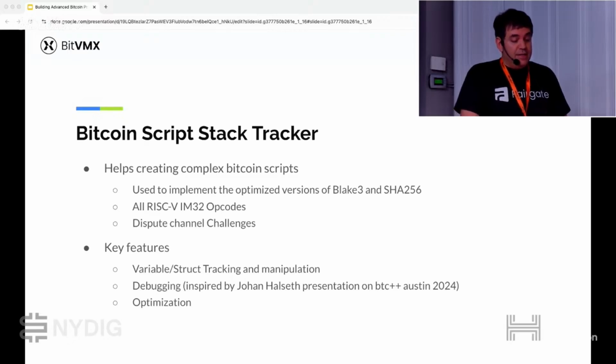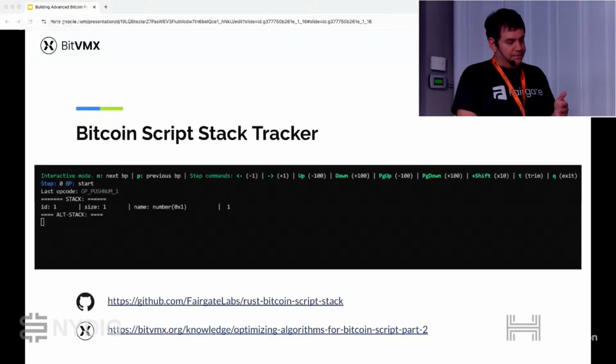And we have an optimizer that solves small cases that need to be optimized from the script, but at the end you end up gaining maybe 1% extra of size, because it removes some silly things like moves from the stack to the alt stack, things that end up being duplicated unnecessarily. So it removes that.